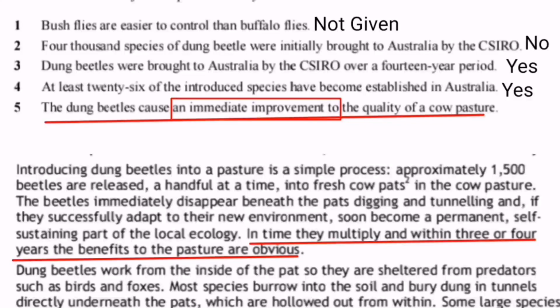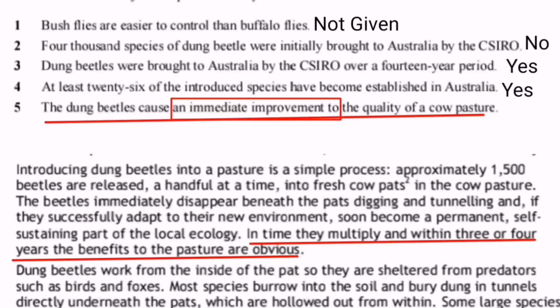Obvious means surely. And it means that within 3 or 4 years, the benefit of the beetles started. So in the last line of the paragraph, we have read that in time they multiply, and within 3 or 4 years, the benefits to the pasture are obvious.